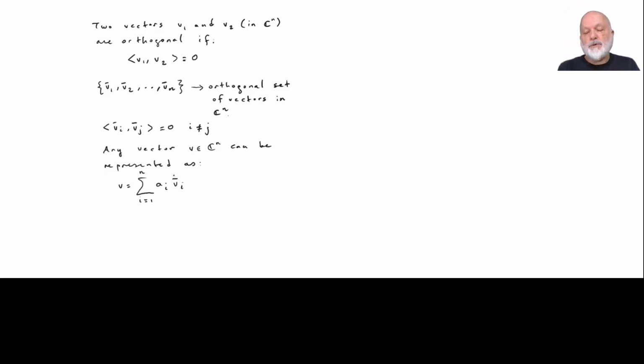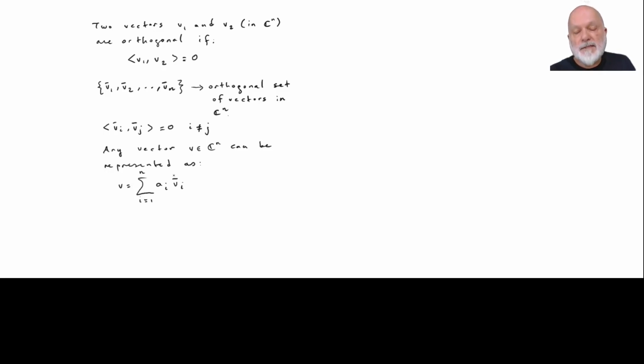So we are able to represent a vector in Cn in terms of a linear combination of these vectors v1 bar, v2 bar up to vn bar, which also form an orthogonal set.